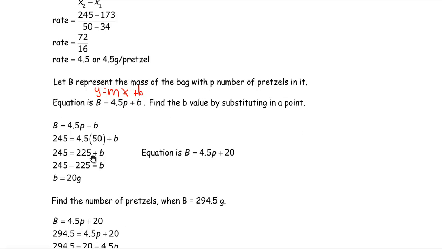So we would have 245 equals 225 plus B. In order to find B, I'm going to subtract 225 from both sides, or take the 225 over and subtract it from the 245, which gives us 20, which is actually 20 grams, because remember those numbers, the 245, these would actually be grams. So B is 20 grams. So putting a 20 in place of B here, then my equation is the mass of the bag is 4.5 times the number of pretzels plus 20. So there's my equation. It relates the total mass of the bag to the number of pretzels in it.